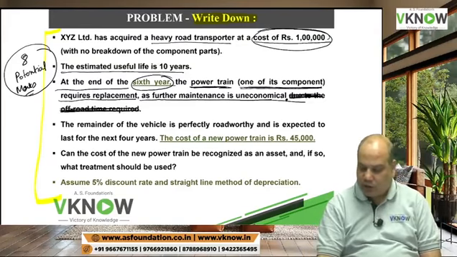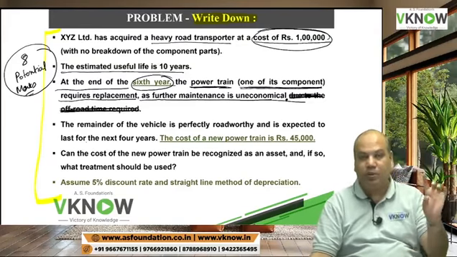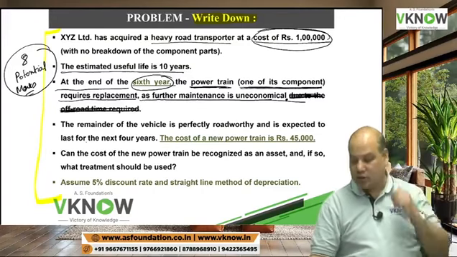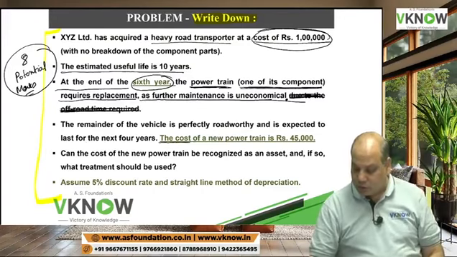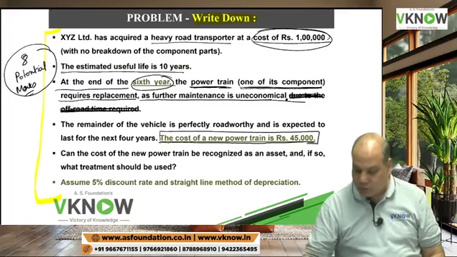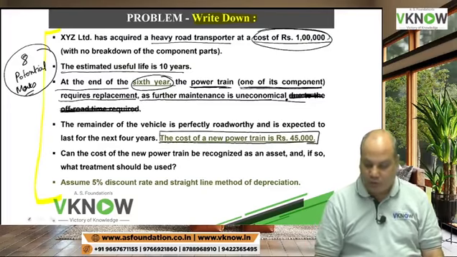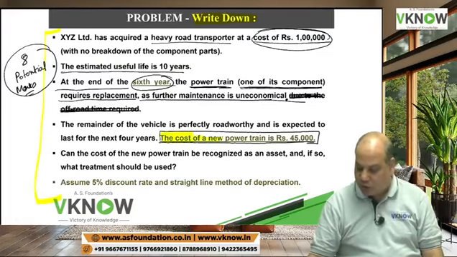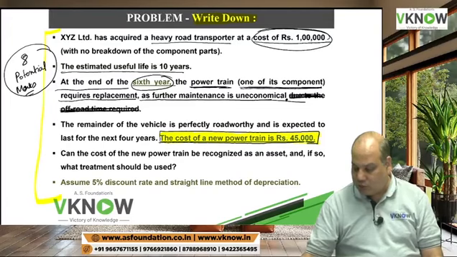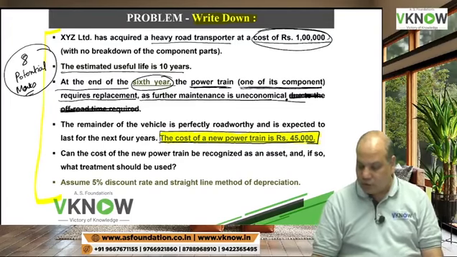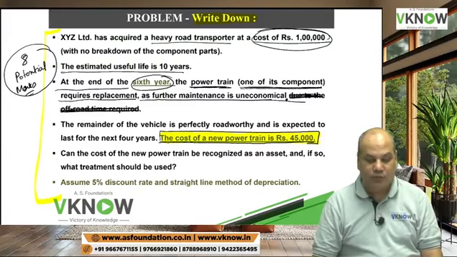So the vehicle will continue for 10 years, but one part needs to be replaced after 6 years. Okay. The cost of the new powertrain. New powertrain means the new part. The replaced part, the new part, is rupees 45,000.